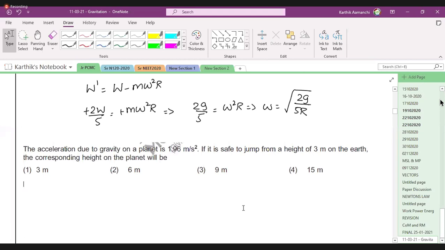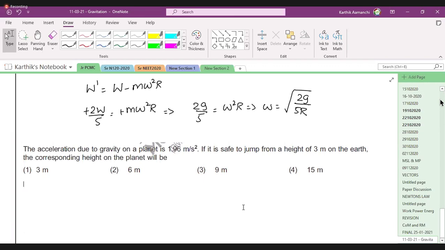This question. Is it 15 meters? How much? 15 meters.